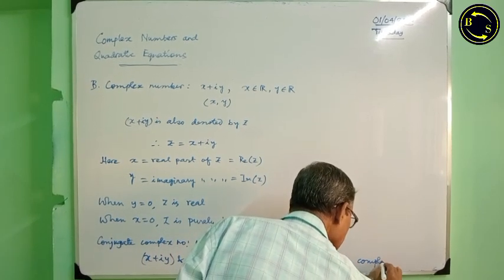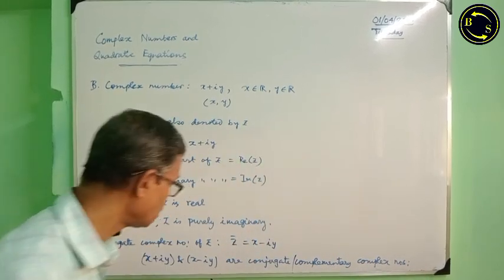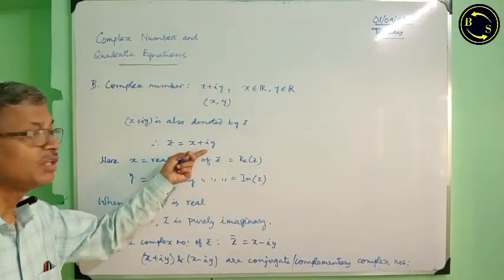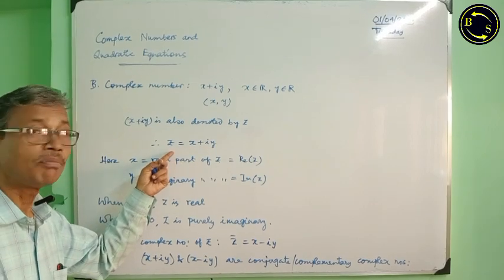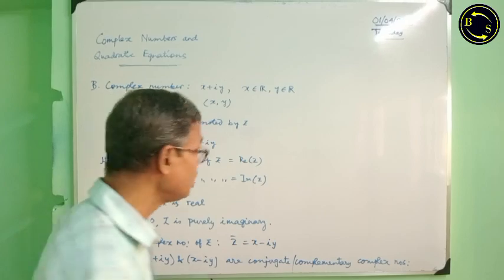Complex numbers: if x plus iy be denoted by z, then its complex conjugate will be z bar, x minus iy.